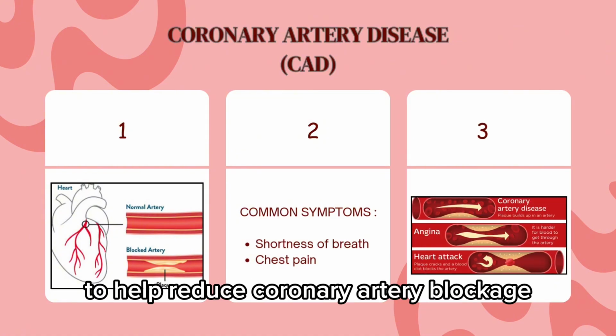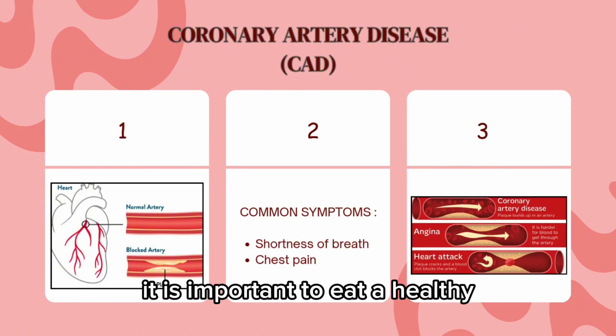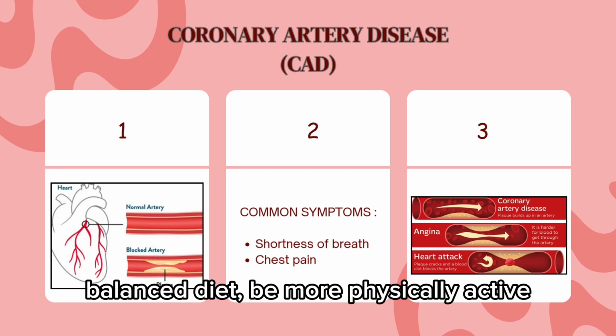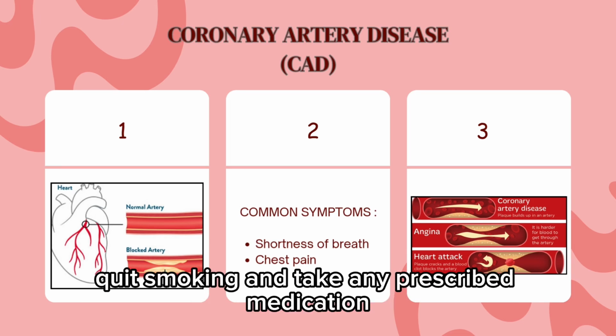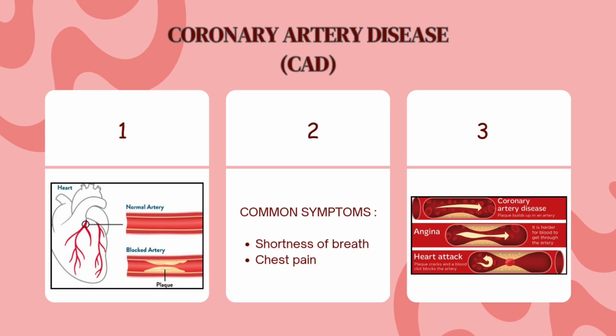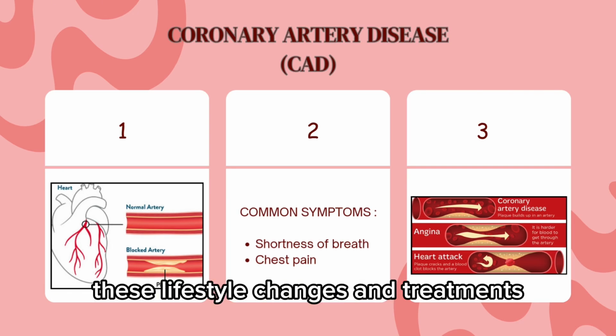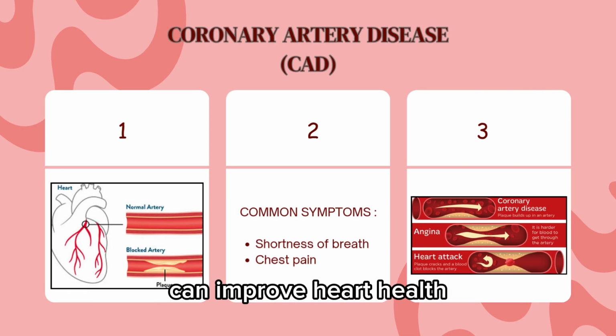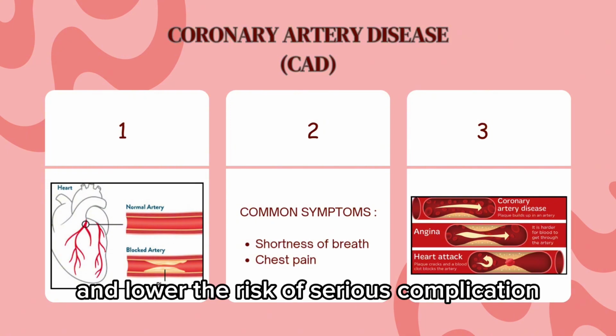To help reduce coronary artery blockage, it is important to eat a healthy, balanced diet, be more physically active, quit smoking, and take any prescribed medication as directed by a healthcare provider. These lifestyle changes and treatments can improve heart health and lower the risk of serious complications.